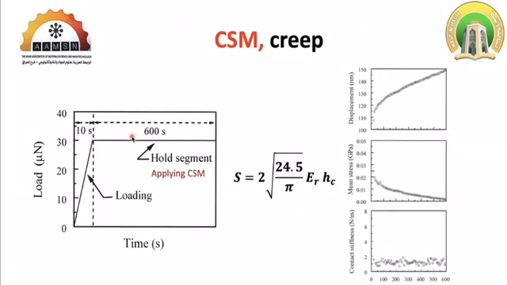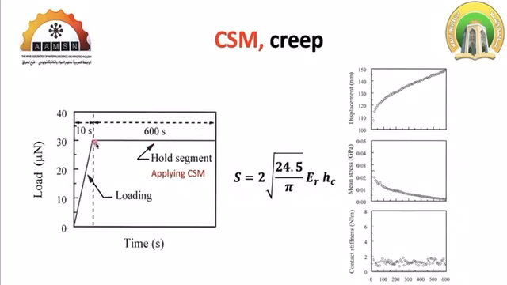Constant stiffness measurement is also used to measure other mechanical properties, for example, creep behavior. How can we do that? By applying a load, or raising the load to a particular point, and then holding the load at that level.